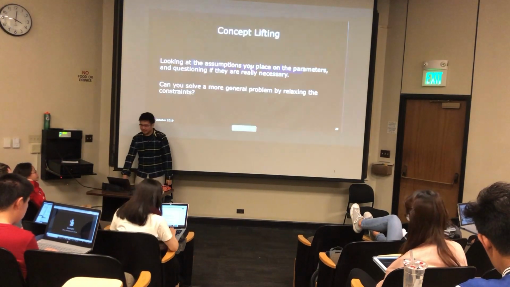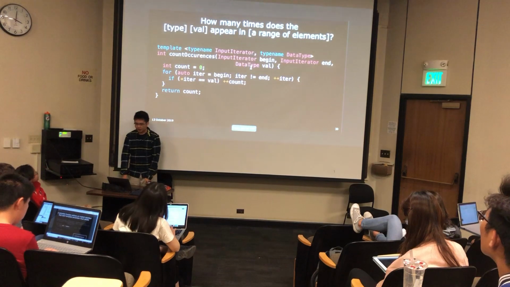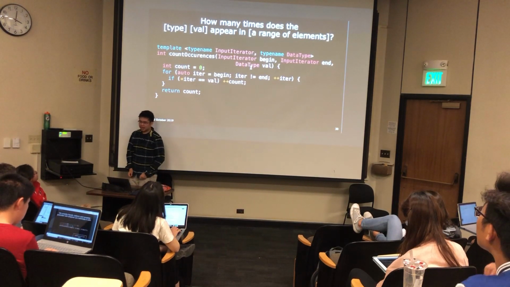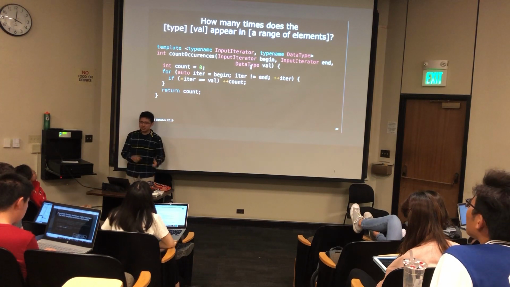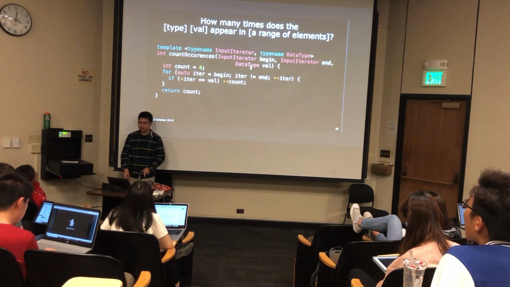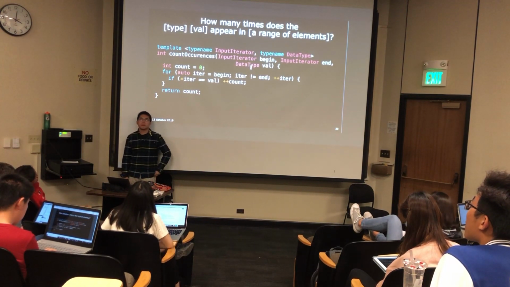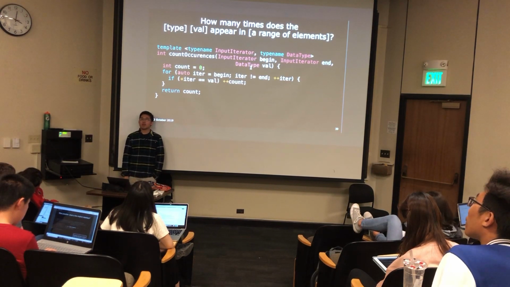So functions and lambdas. We're speeding through this today. So we talked about concept lifting. This was the function we wrote, and it solves the question: how many times does some type, some value appear in a range of elements? We can make this a little bit more generic.